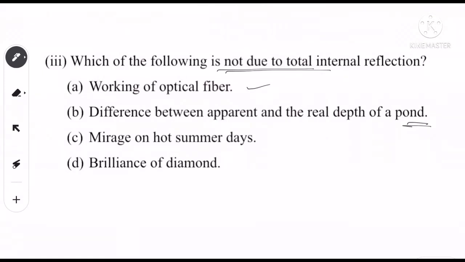Next, mirage on a hot summer day, we also know this phenomenon depends on total internal reflection, and brilliance of diamond also depends on total internal reflection. So B will be the correct answer, the difference between apparent and real depth of a pond. It is independent of total internal reflection.